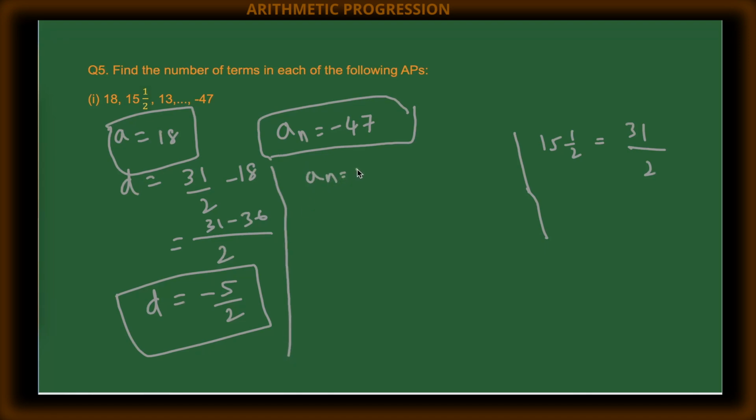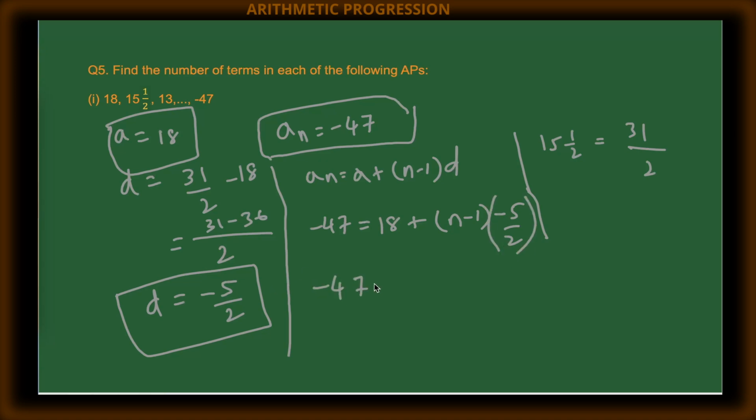AN is equal to A plus N minus 1 into D. AN is minus 47 is equal to A is 18 plus N minus 1 into minus 5 by 2. What is N here? N is the one which we need to find. Let's put it in brackets so that we don't get confused.